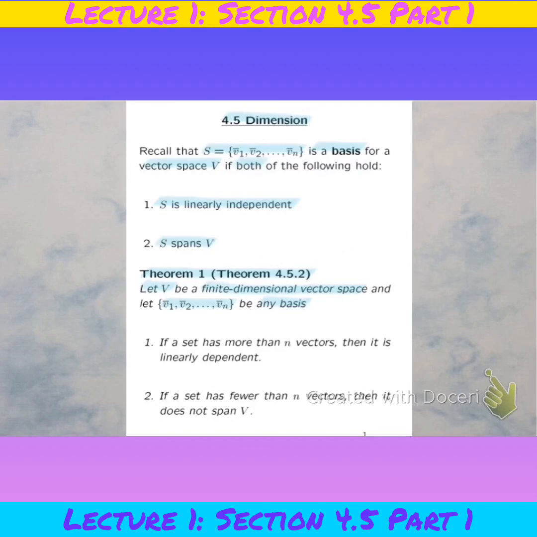Okay, and let's take any set in V. If a set has more than n vectors, then it has to be linearly dependent. So if the basis in a vector space has n vectors in it, and you take any set of vectors that has more than n vectors, then that given set, doesn't matter what it is, will be linearly dependent. Now, if the set has fewer than n vectors, then this set will not span V.